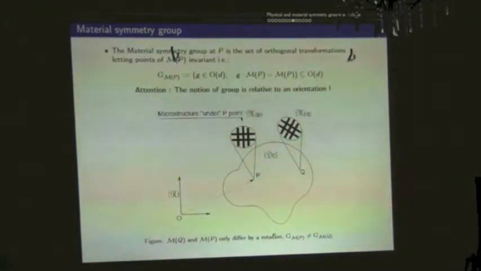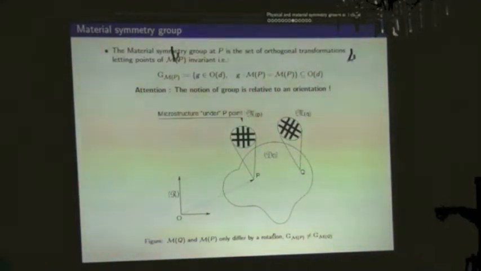So if you only consider that under the definition of material point you got a symmetry group, material point is the information above any point. I said the material is heterogeneous in this case.